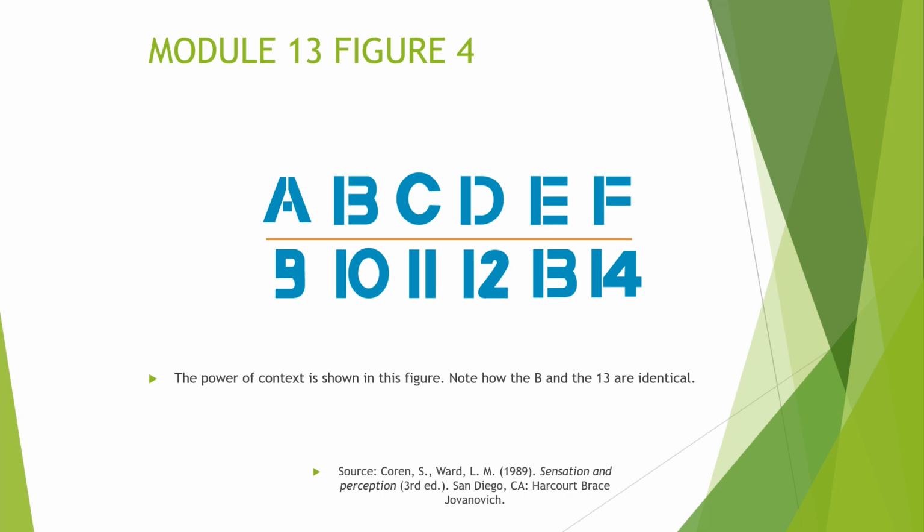So even though the B and the 13 look exactly alike, it's the context. These are letters, so I'm more likely to see this as a B. These are numbers, I'm more likely to see this as a 13. So context is very important when we're looking at something like that.